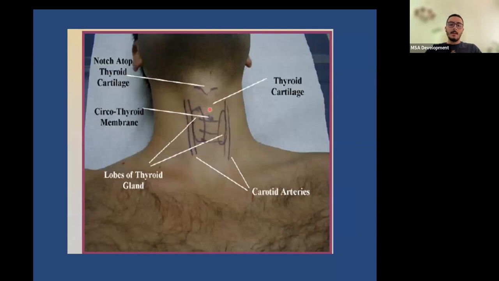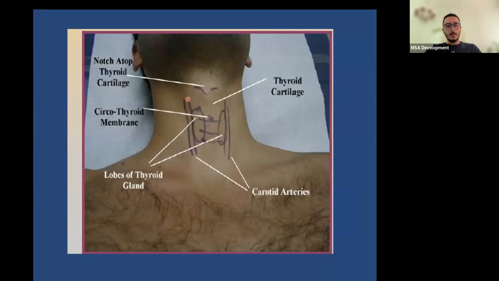It basically lies under the thyroid cartilage in between the carotid arteries. You can anatomically divide it into an upper lobe and a lower lobe. Surface-wise, the upper lobe lies at the level of the oblique ridge of the thyroid cartilage.